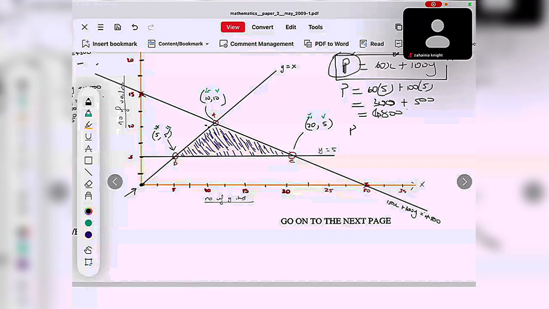All right, let's check the other one. P equals, we're checking A now, Ms. Gentles. 60 times 10 plus 100 times 10.